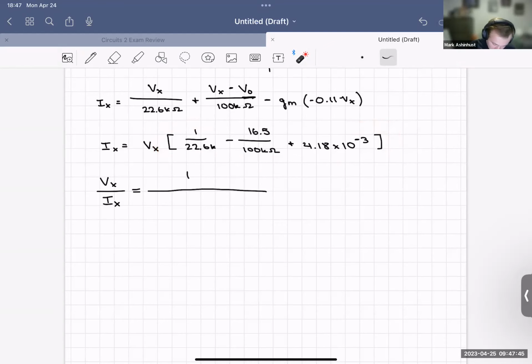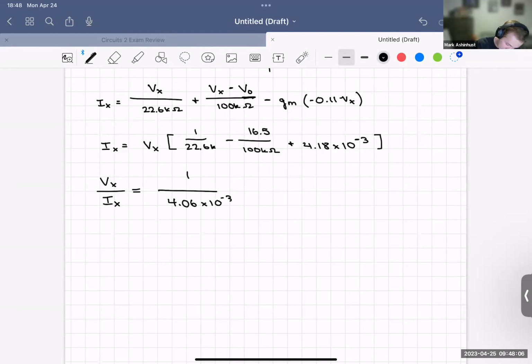How I did that is I multiplied this whole thing over to the left side, and then I divided the Ix over here. So that over that whole thing is 1 over, just doing it in a calculator, 4.06 times 10 to the negative 3, which is 246 ohms.